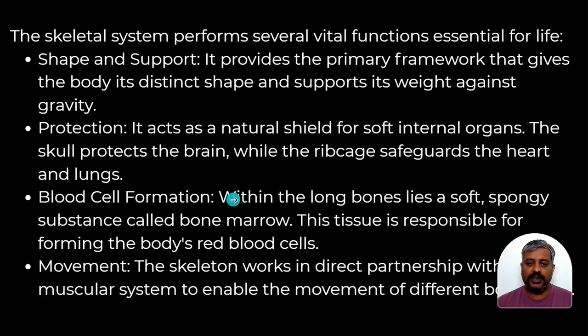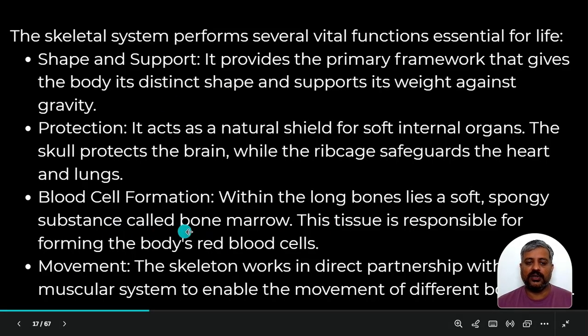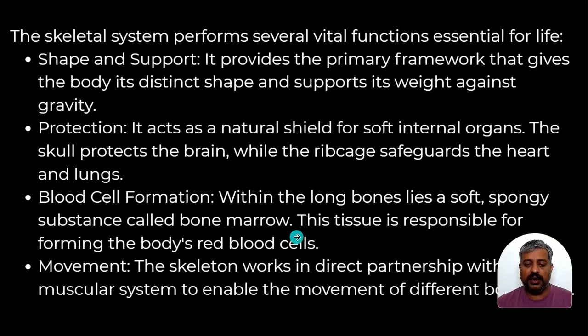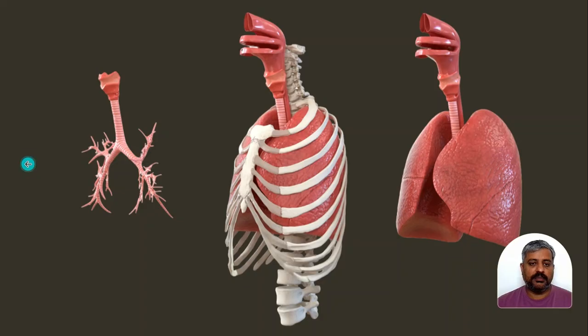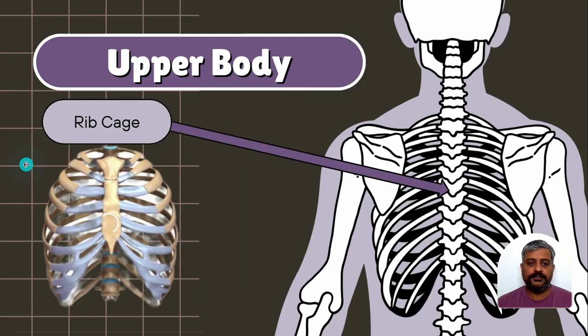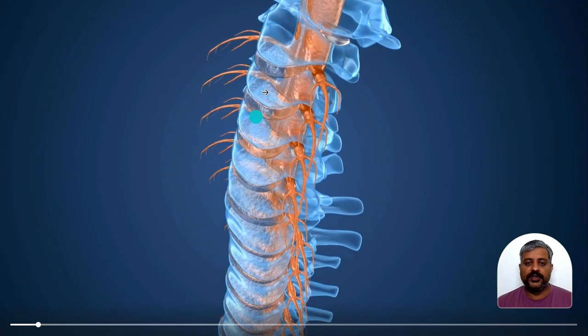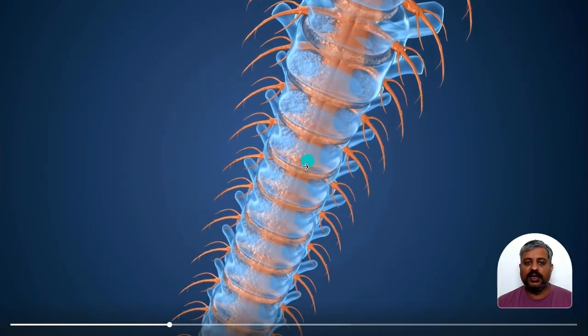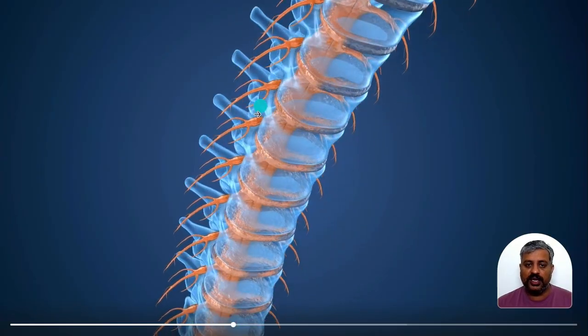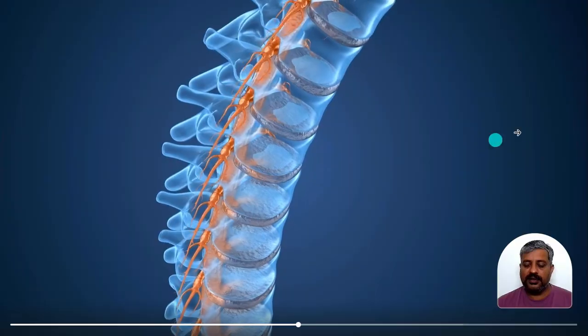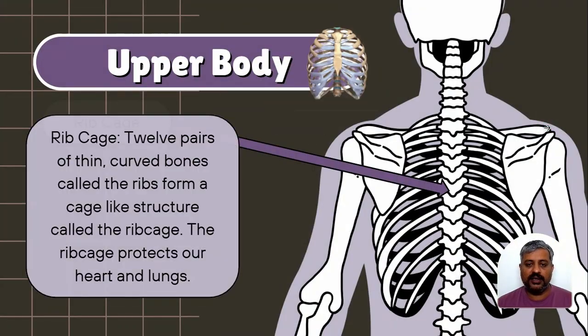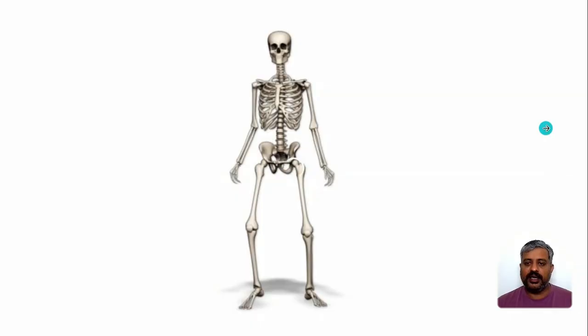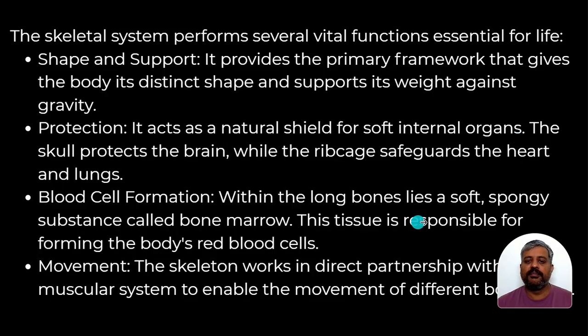Body cell formation. Within the long bones lies a soft spongy substance called the bone marrow. We have seen it, right? Let me scroll back. Here, right here you are looking, this is a bone and this is protecting the spongy substance called bone marrow.